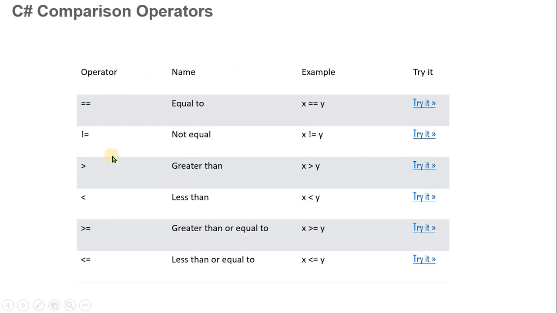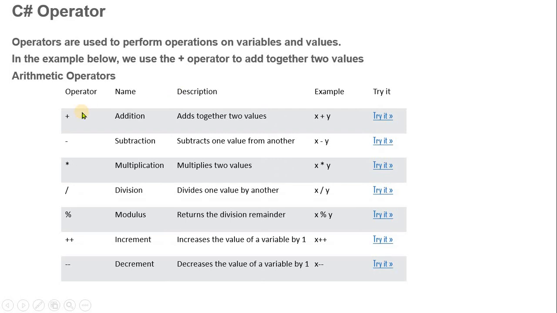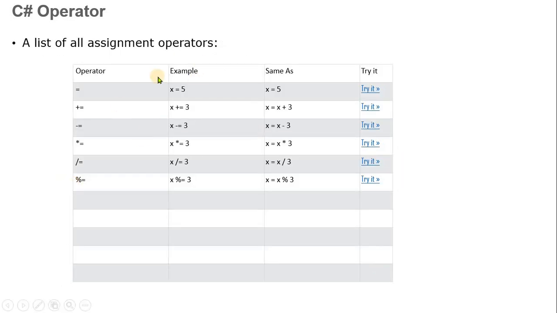These are the arithmetic operators, and these are the comparison operators, right? Arithmetic operators are like plus, minus, multiplication, division, modulus, increment and decrement. We use these arithmetic operators for calculation purposes, right? Here is the example of arithmetic operations.